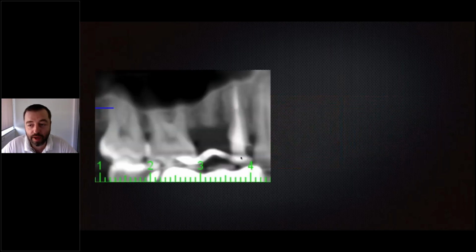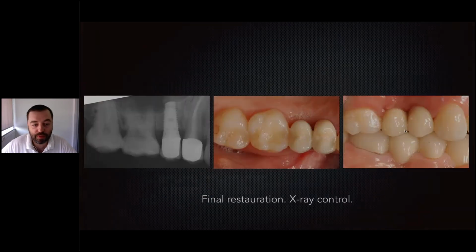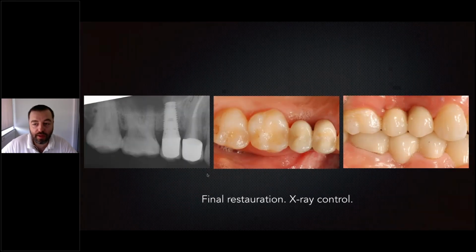So this is an X-ray with the internal sinus lift. We can see here how the bone went a little bit apical and the exact limit of the threads at the bone level. And also, this is the X-ray and clinical outcome.